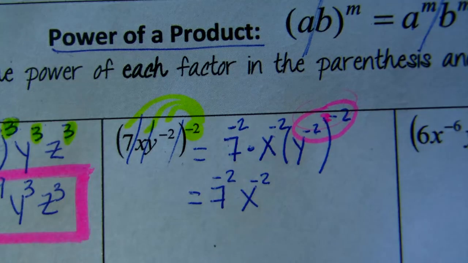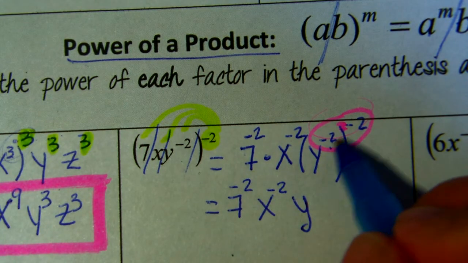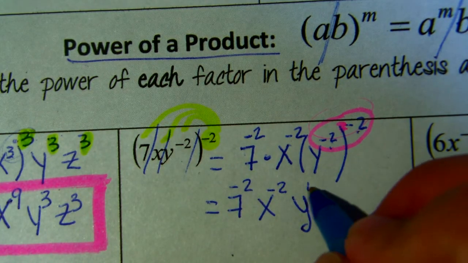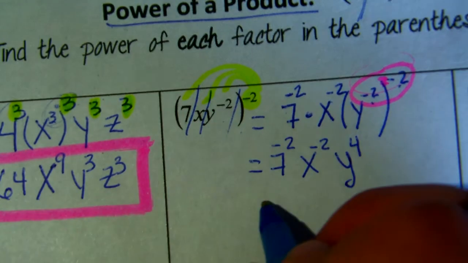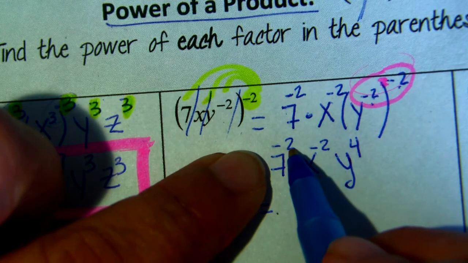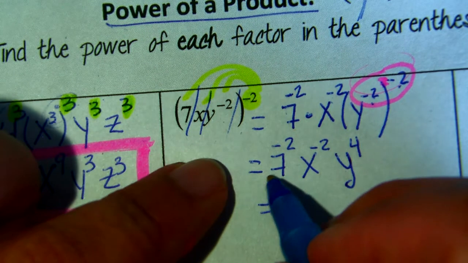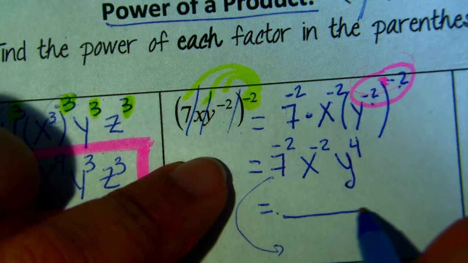I'm going to put the little dot right there. So it's y to the power of -2 times -2 gives you +4. So what did we say happens with the negative exponents? We don't want them negative. So what do we do? We send them to the bottom right here.